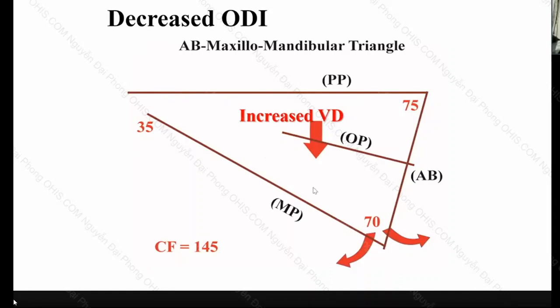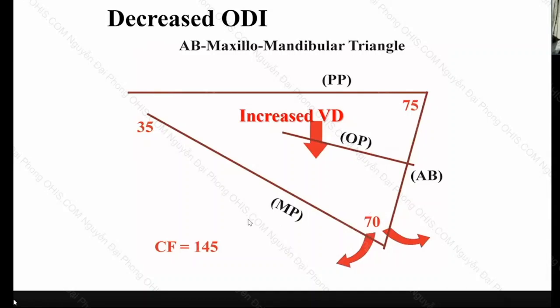It makes a decreasing AB to MP, or sometimes the vertical dimension increases too much, then the mandible is opening a little bit. This is also decreasing the AB to MP, this angle. That's why ODI is a nice indicator for anterior open bite.